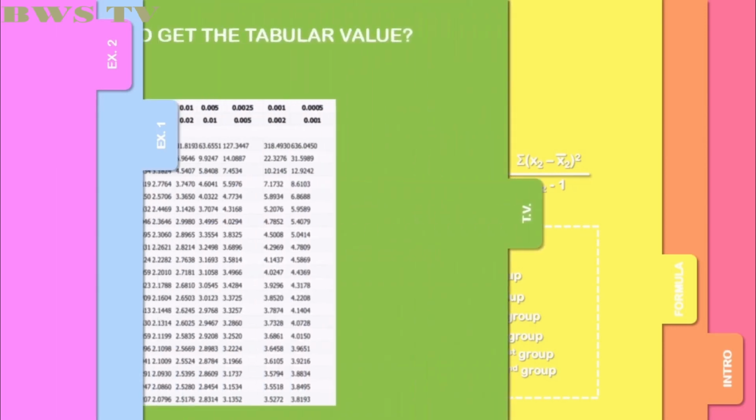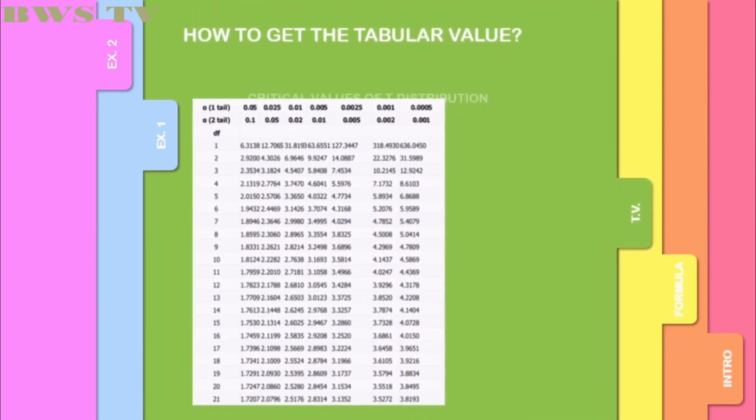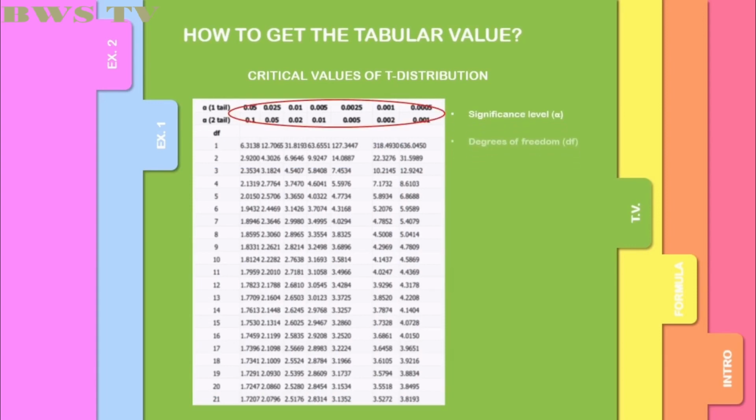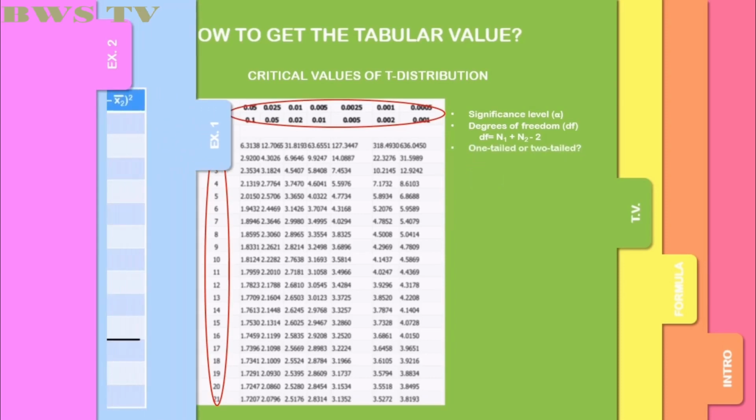So we're going to use the critical values of t distribution, where the significance level is given and the degrees of freedom has a formula of df equals n1 plus n2 minus 2.